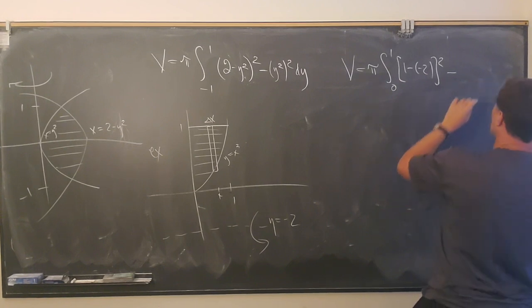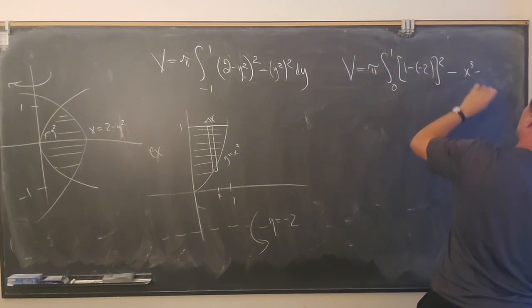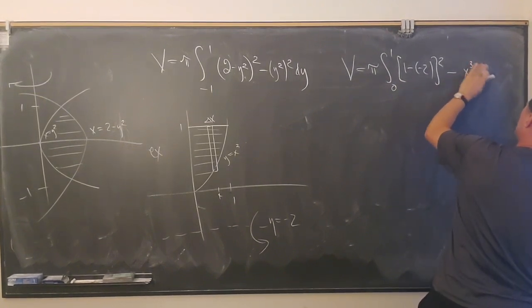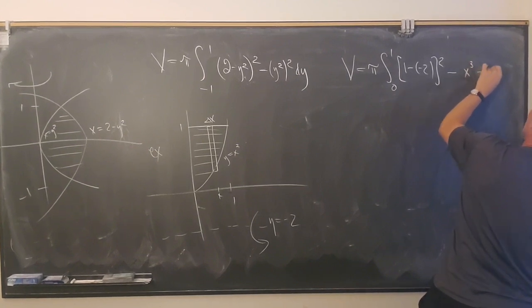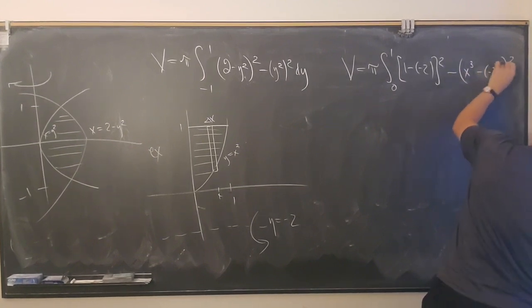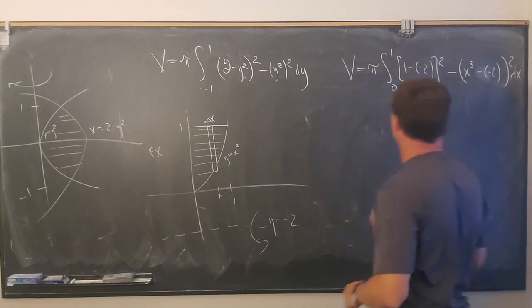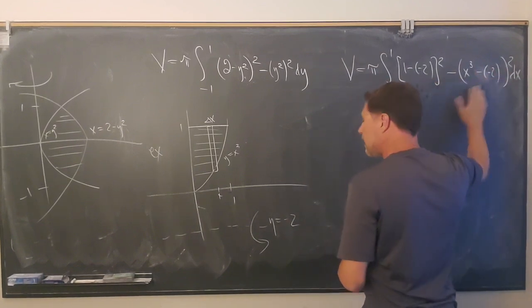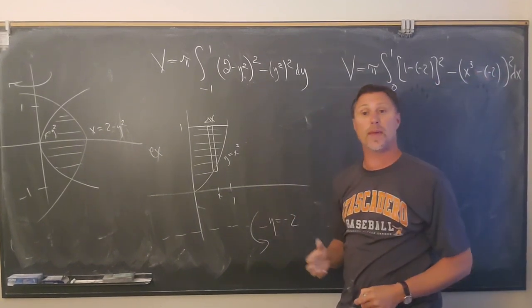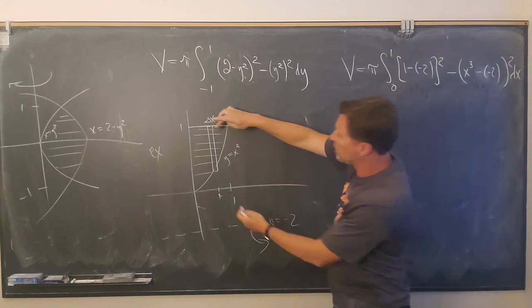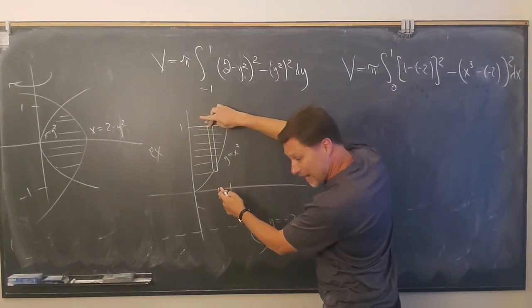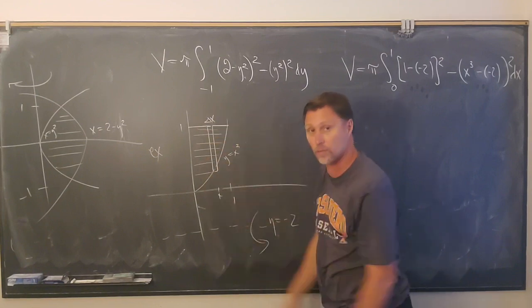Y equals x cubed, so x cubed minus negative 2, and I'll actually write it out, so it's minus negative 2 squared dx. Outer solid minus inner solid, and the adjustment that you have to make in your head is now, instead of computing distance from the x-axis, you compute distance to the axis of revolution.